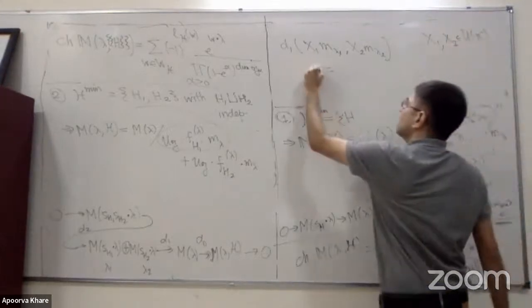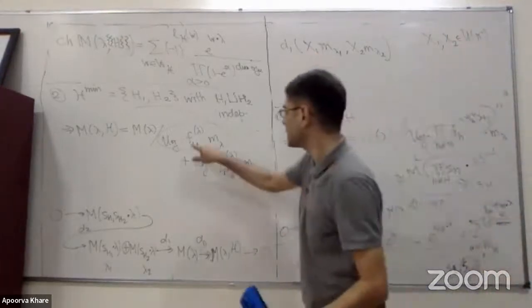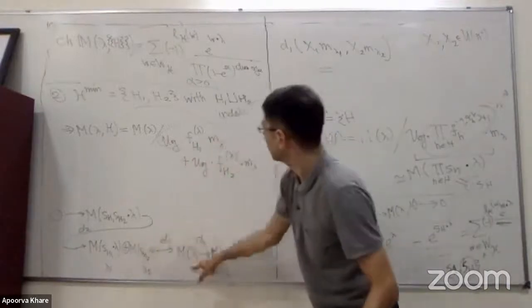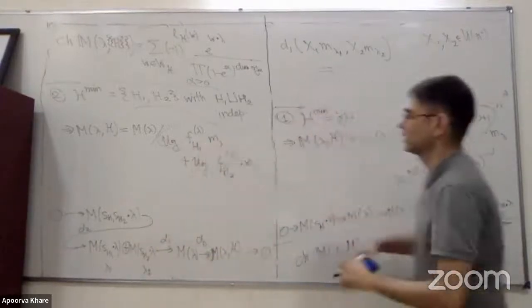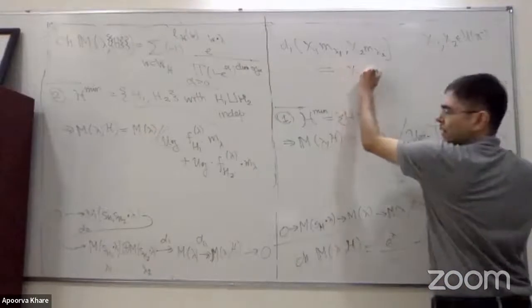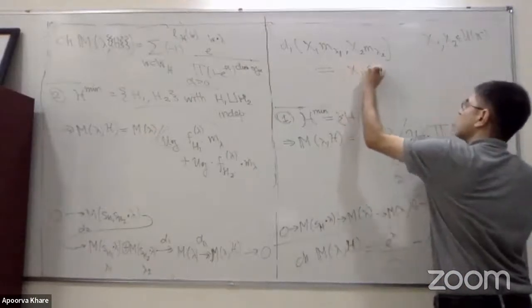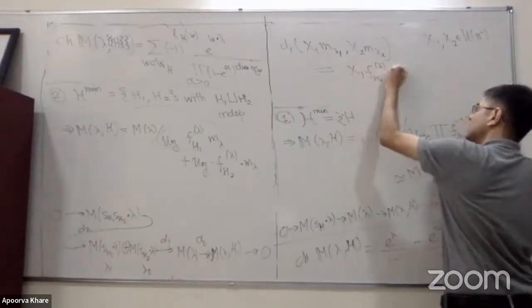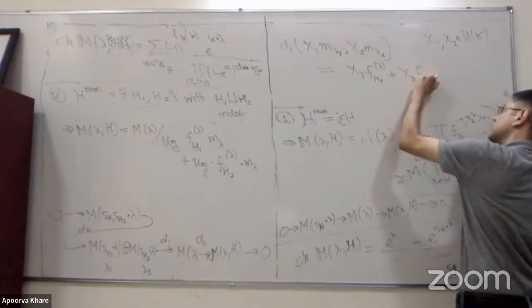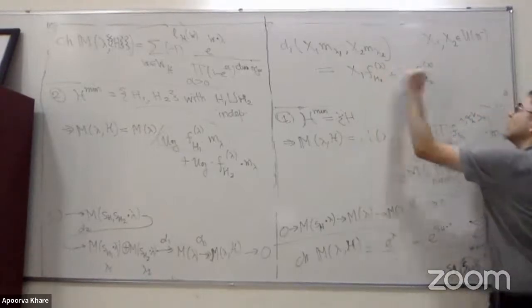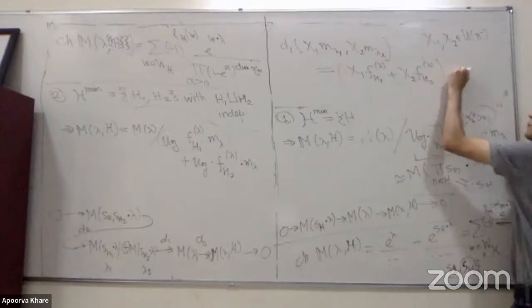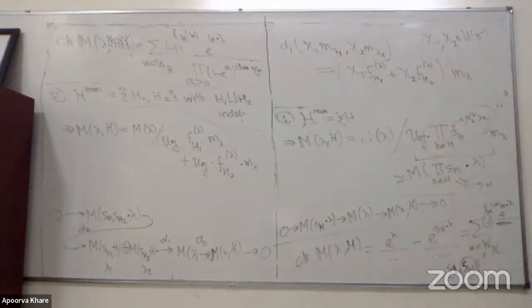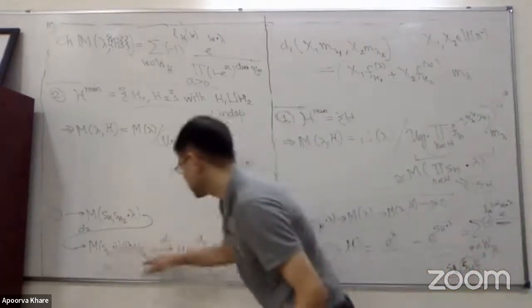So this is equal to, well, how does this module embed inside this module? It embeds exactly via this. So it is x1 f h1 of lambda plus x2 f h2 of lambda, that whole thing acting on m lambda. So that is how we get from this module to this module.